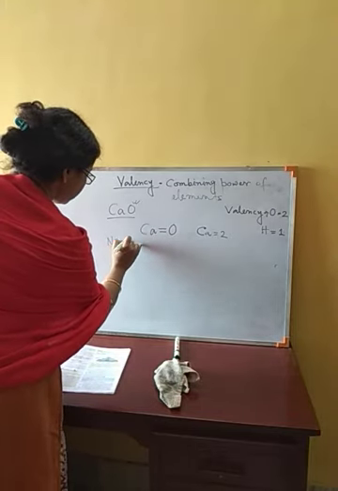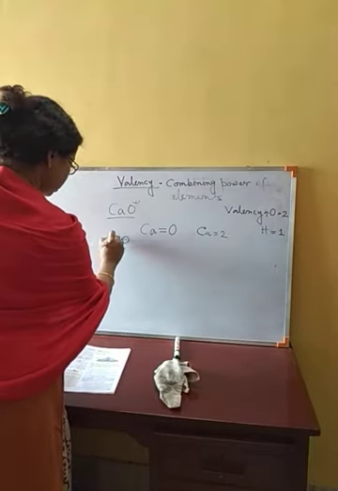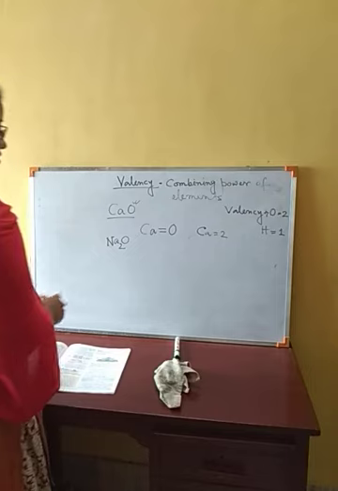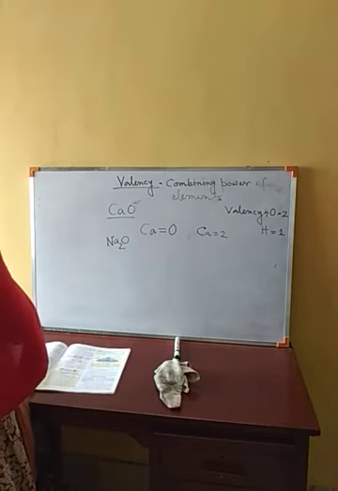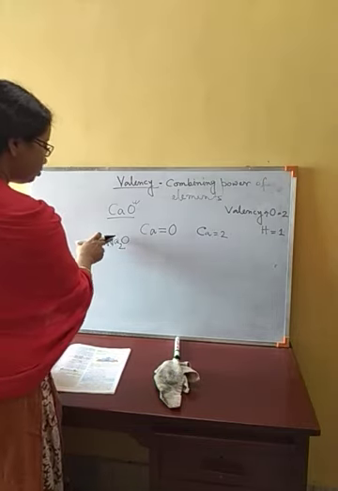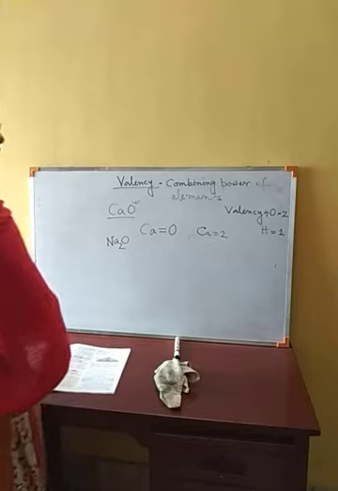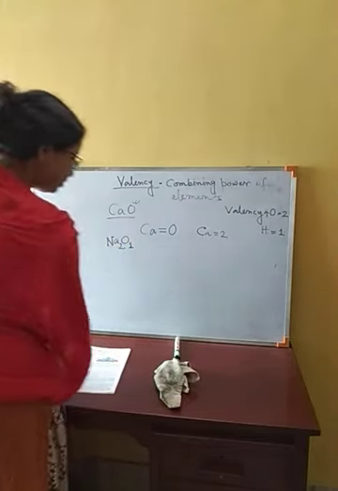Just like sodium oxide, how do we write it? Na2O. This 2 is the valency of oxygen, as we cross the valencies during the writing of formulas, and sodium's valency goes to oxygen. Nothing is written there, that means 1 is there.